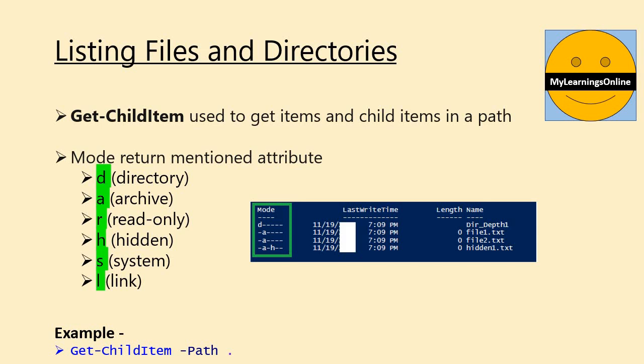But if it has a hyphen, that means it doesn't have that property. For example, in the screenshot, one file has attribute h in mode. It means it is a hidden file. But for other files, it is a hyphen in that place. It means other files are not hidden.